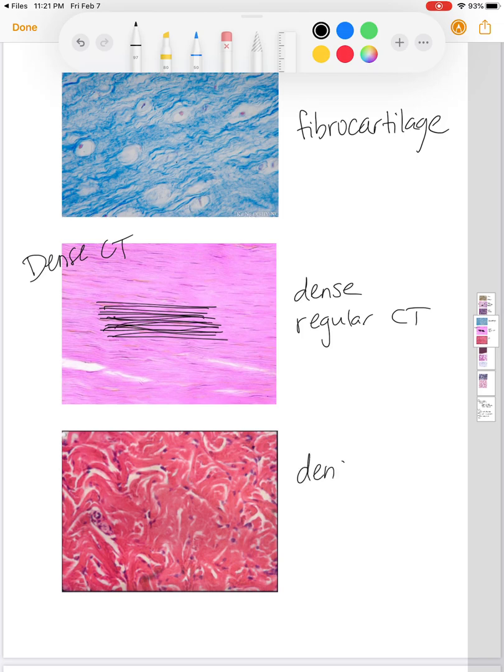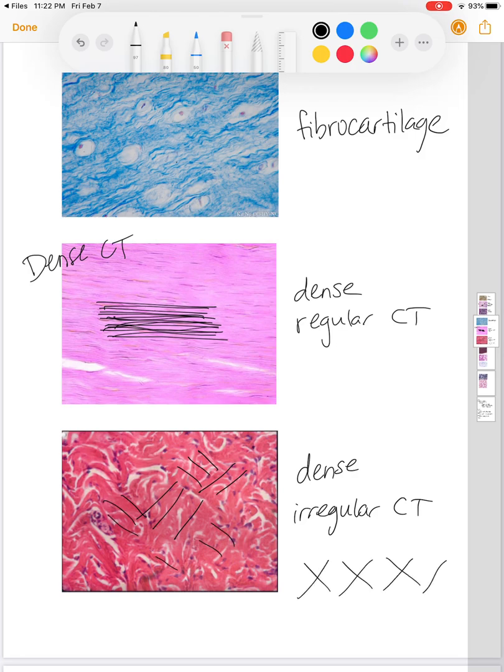Now this next one is dense irregular connective tissue. And this one's going to allow for strength in all directions because, as you can see, some of the fibers are running parallel to one another, and then some of them are running perpendicular. Okay, so you have what's kind of like a lattice pattern happening here rather than those fibers running nice and parallel to one another.